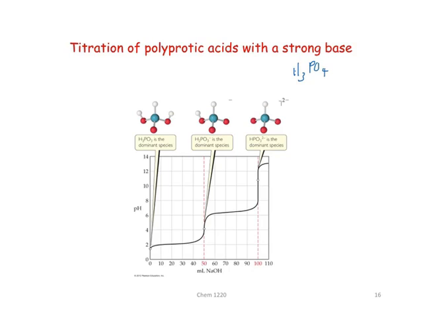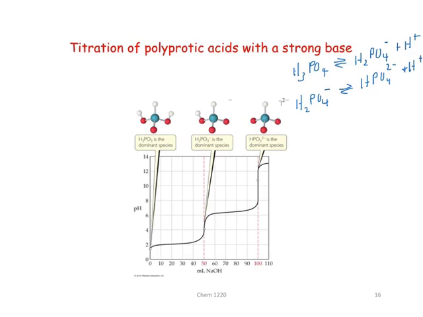All right, so we could look at this and write out 3 different acid-base equilibria, right? So phosphoric acid could give off 1 proton to give H2PO4 minus plus H plus, okay? That conjugate base can lose another proton to give HPO4 2 minus plus a proton.